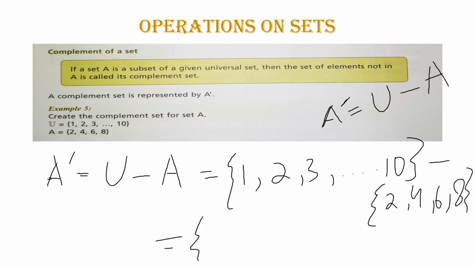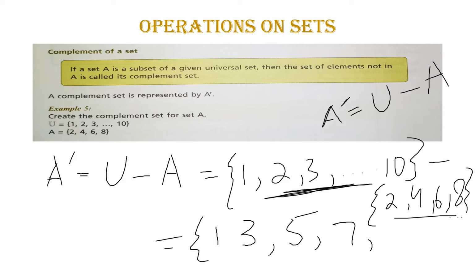So we are taking the difference, so you will write only those elements of the universal set which are not present in set A. So what will be the answer? 1, because 1 is not present in A, then 3, then 5, then 7, then 9 and 10. So this is the complement of set A.